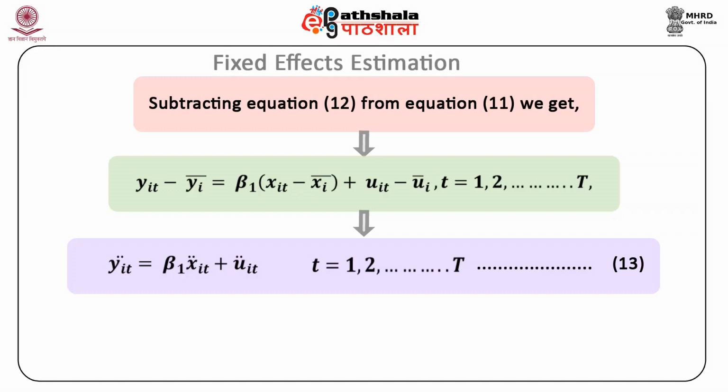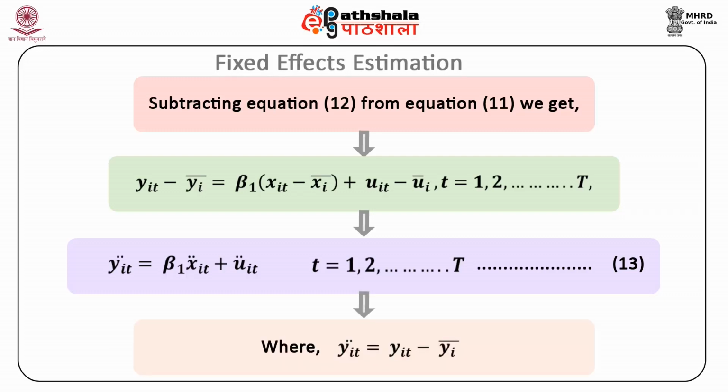Now in this equation, y double dot it is equal to y_it minus y_i bar and is the time demeaned data on y, and similarly for x double dot it and u double dot it. The fixed effect transformation is also called within transformation.